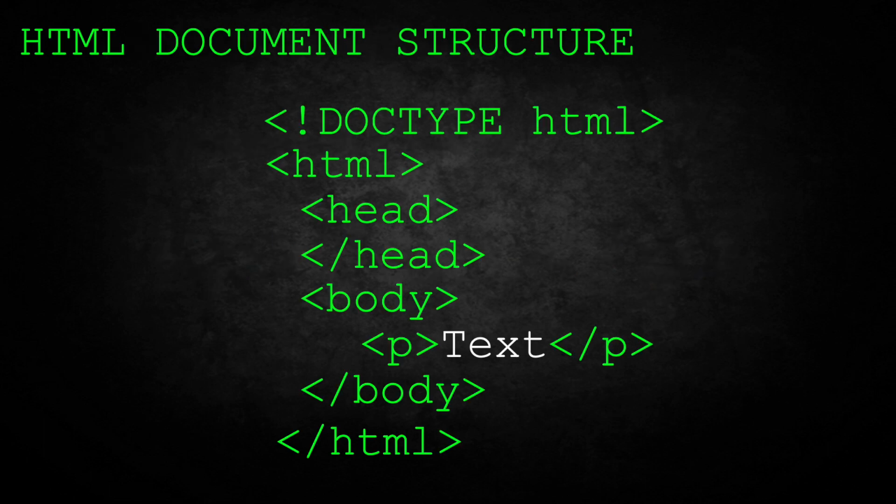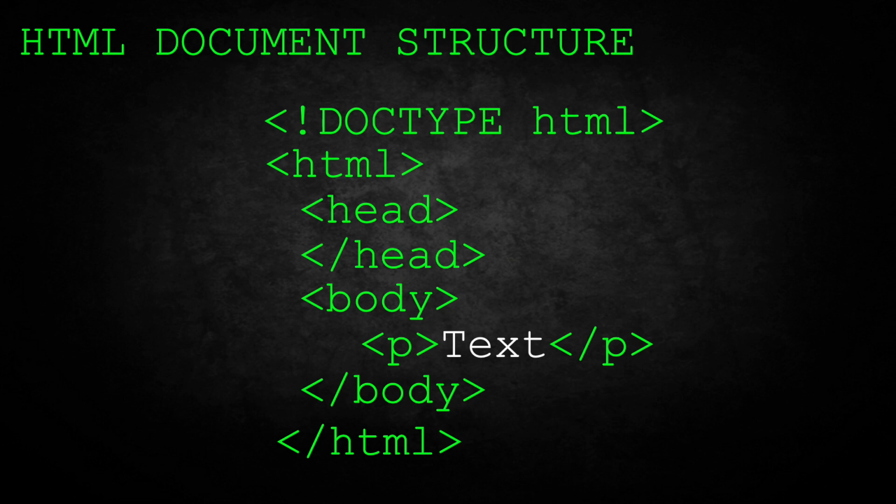A very basic HTML document would include the following elements and tags. The first line defines the document type as HTML. This should be at the top of all of your HTML documents. Next, you see the opening HTML tag for the HTML element.